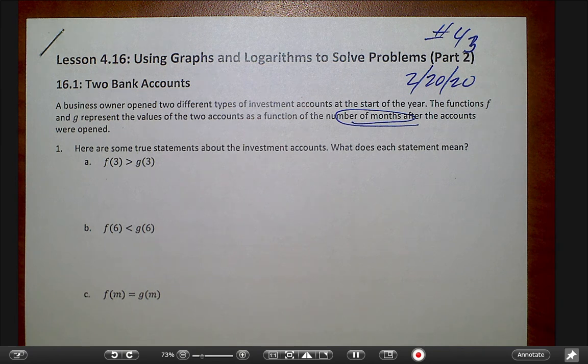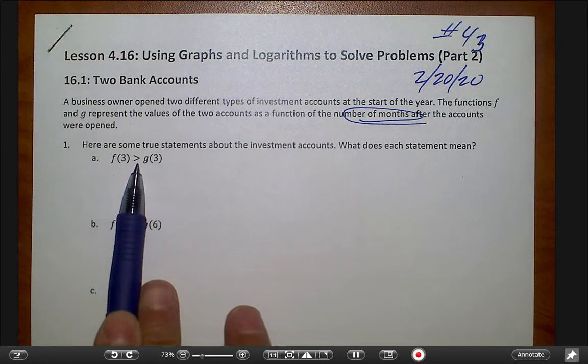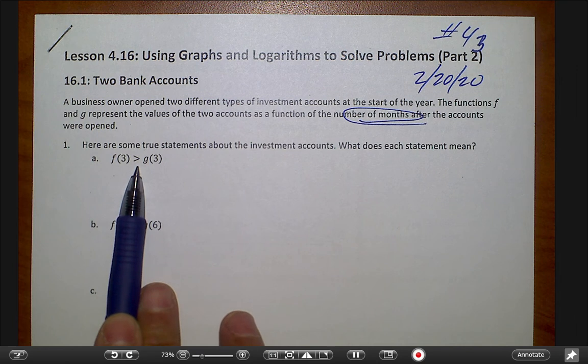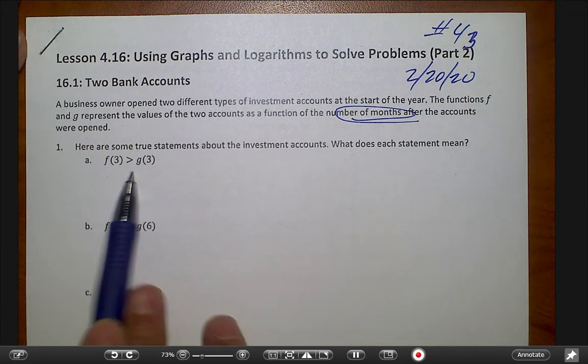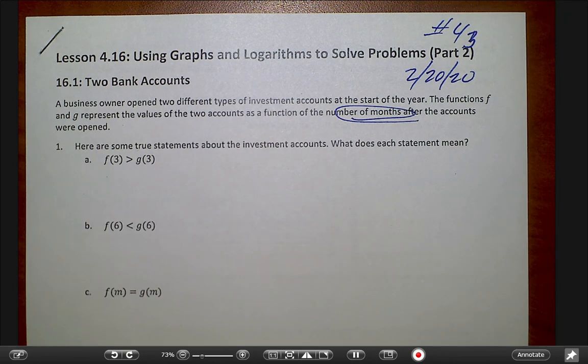What does each mean? So first, this one right here. What does the alligator always eat? Bigger number, right? Alligator eats a bigger number, right, Luis? All right, so which one's going to be the bigger number? F of 3. So now, but in terms of the problem, what does that mean?